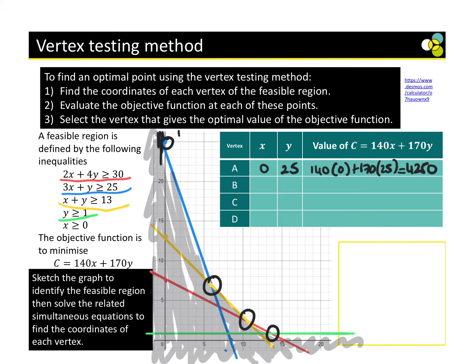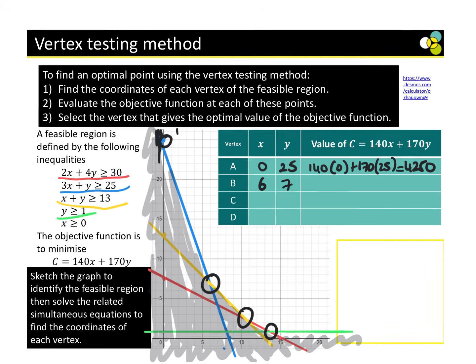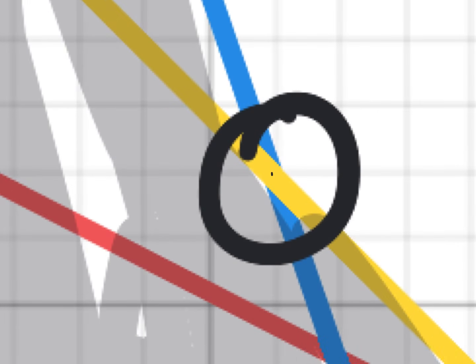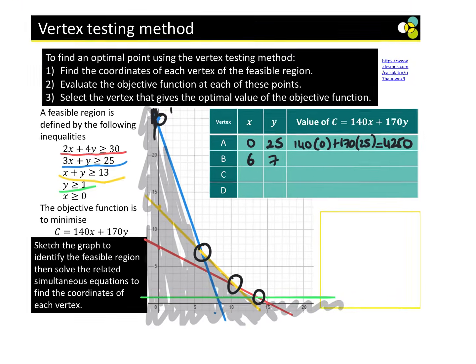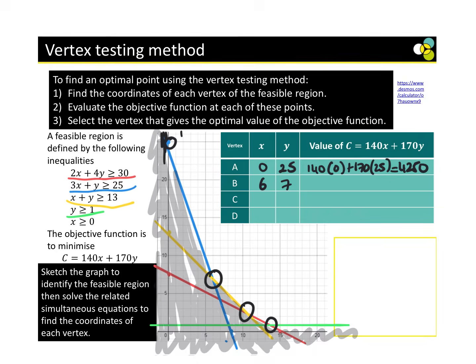Right, part B. Now for part B, I can clearly see that it is on 6 and 7. Okay? You can see it crosses here at 6 and 7. If it was a bit hit and miss, like earlier I said, if you're really not sure, like I think one of the answers was 24 divided by 3, if you're ever looking at thirds, how do you find the coordinates?